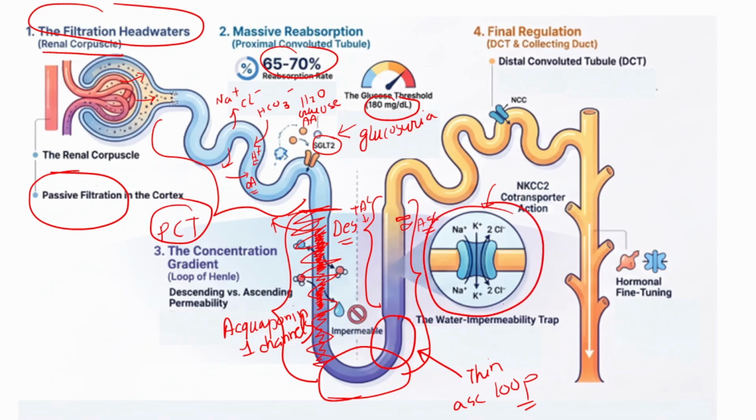And this NKCC2 transporter actively pumps sodium, potassium, and 2 chloride ions out of the lumen into the medullary interstitium. This continuous solute extraction without water movement creates a highly dilute luminal fluid while establishing the steep medullary osmotic gradient. That means the osmolarity changes in this region of loop of Henle overall.